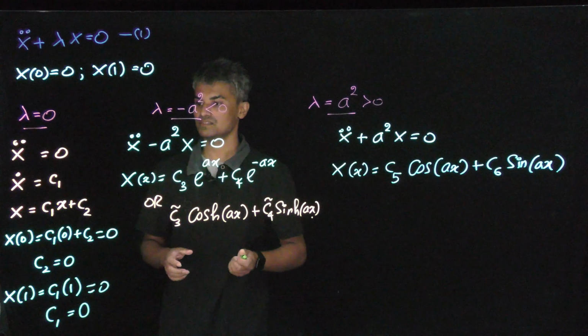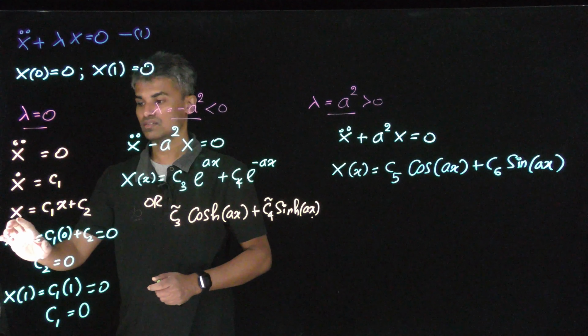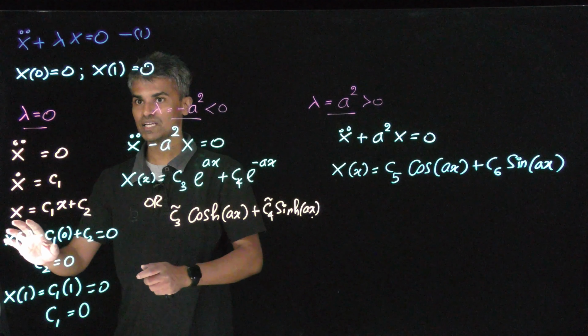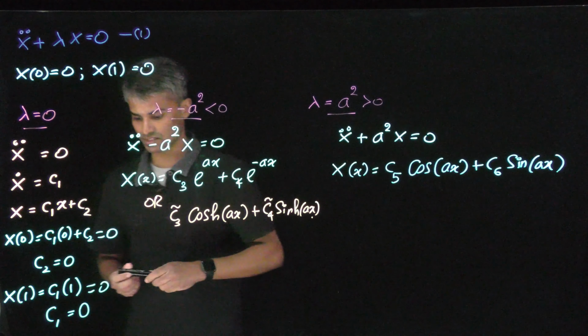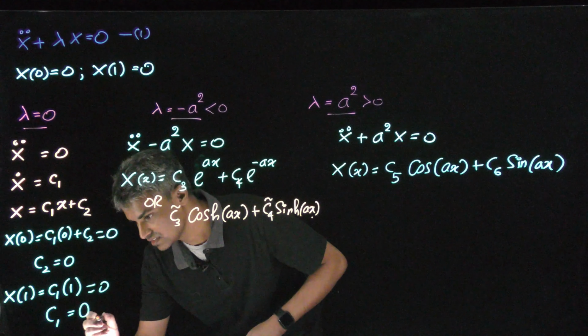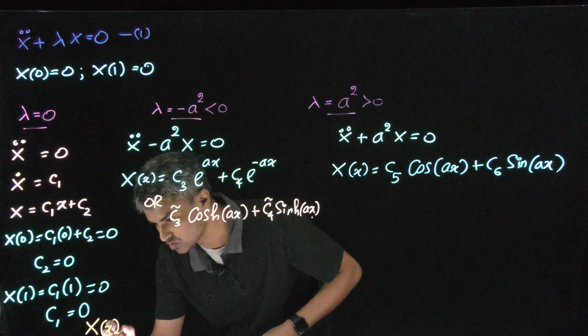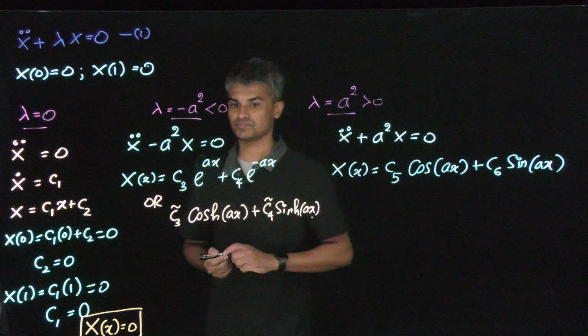It means when lambda equals 0, our big X function should be equal to 0 in order to satisfy these two boundary conditions. So then big X of x should be 0.